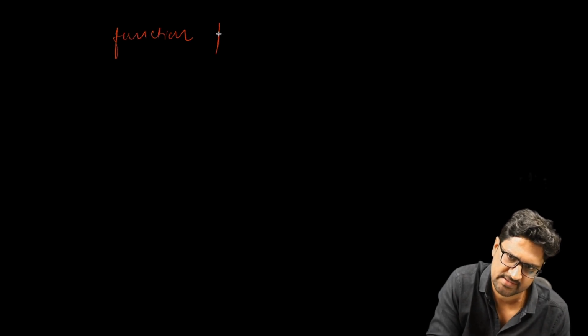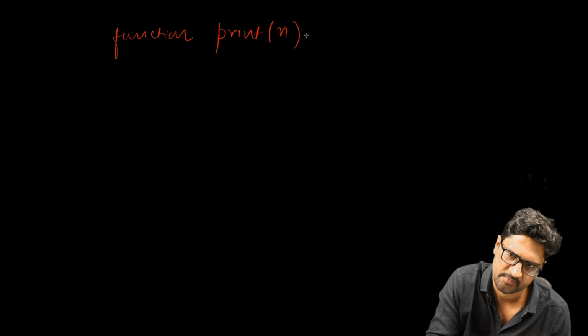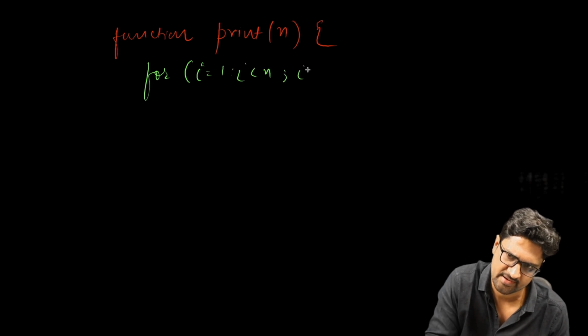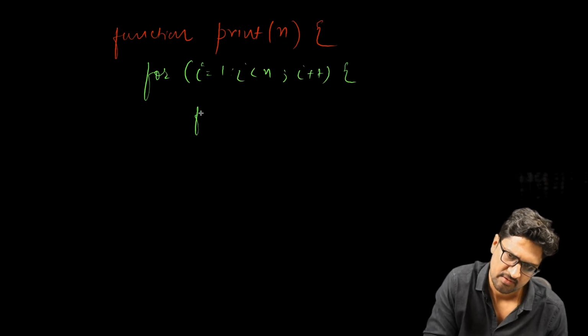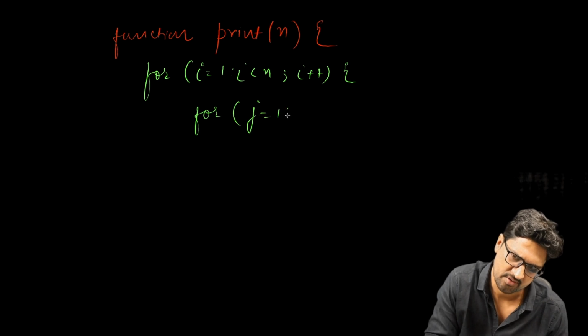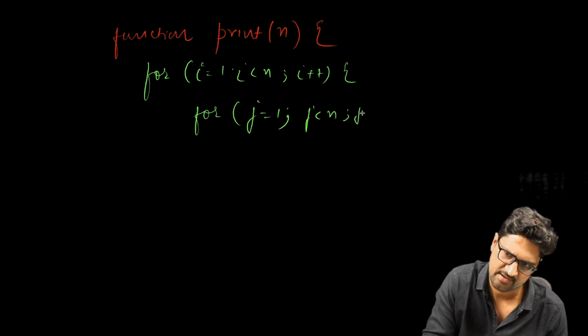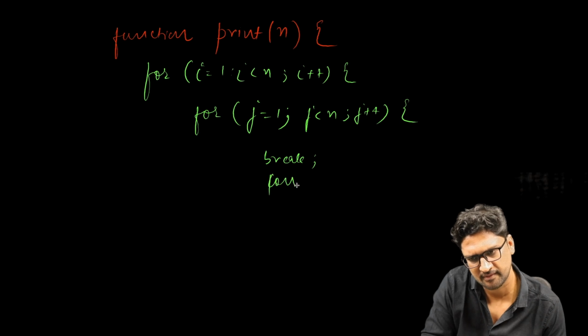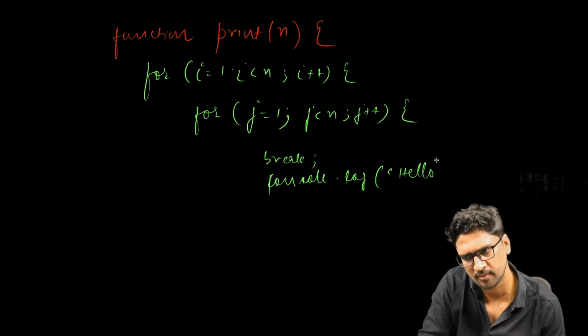Let's say that I have a function called print, and then I have a loop for i equals 1, i is less than n, i plus plus, for j equals 1, j is less than n, j plus plus, and then I have break, then I have console dot log hello.